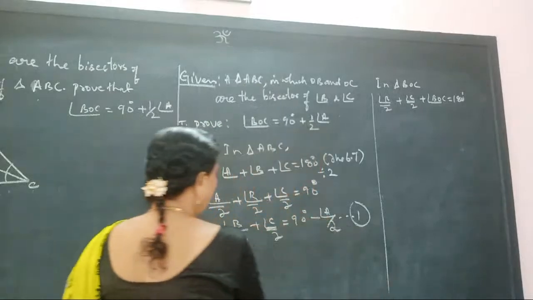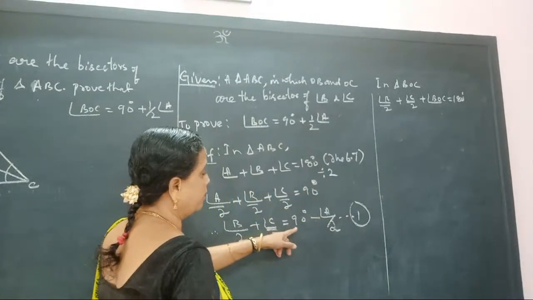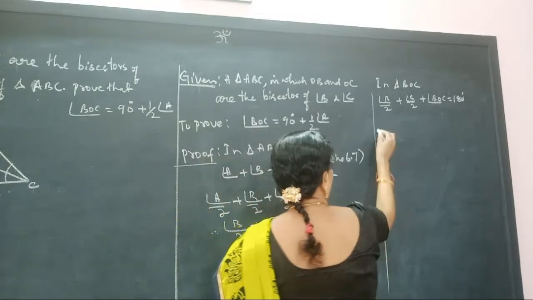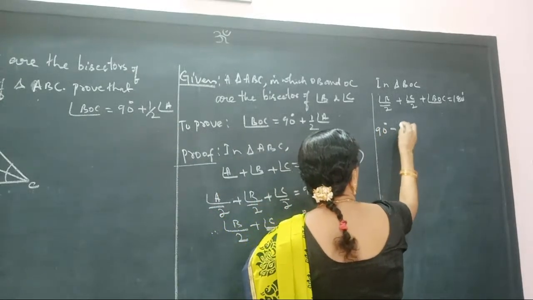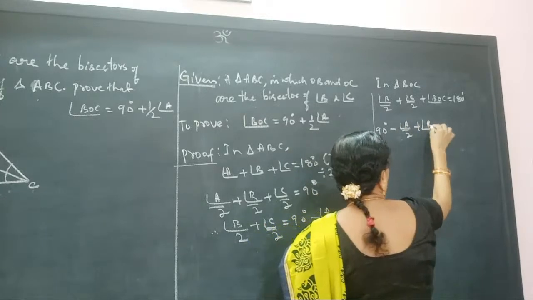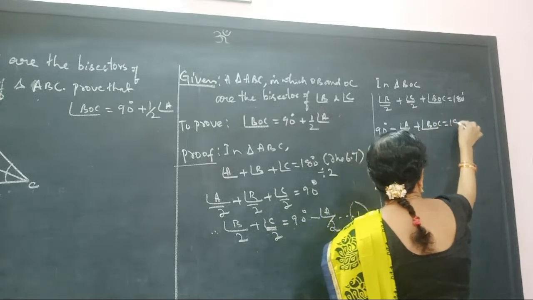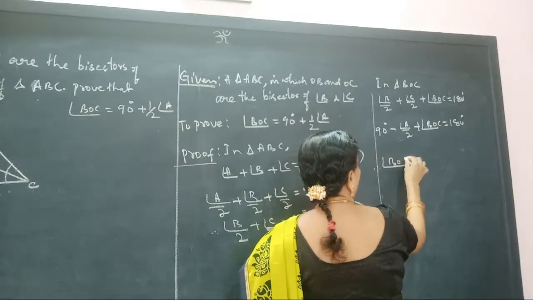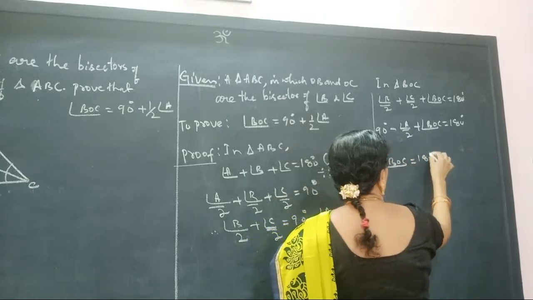Now, angle B by 2 plus C by 2 is 90 minus A by 2 according to result 1. Therefore, I will substitute 90 degree minus A by 2 plus angle BOC equals 180 degree. Therefore, angle BOC equals 180.